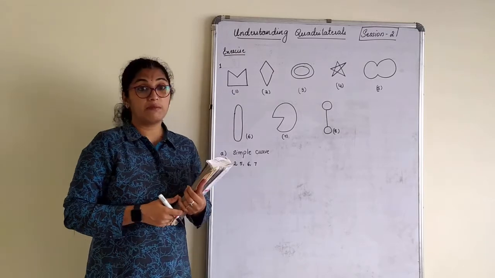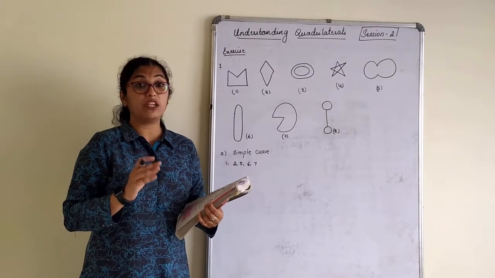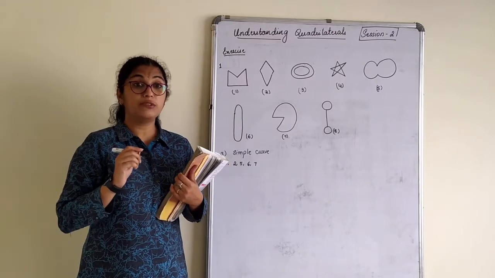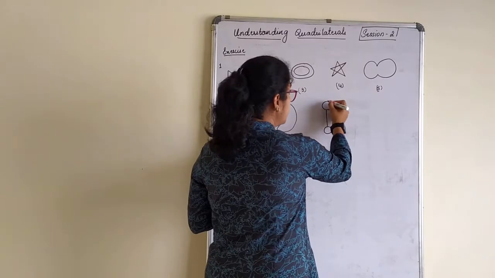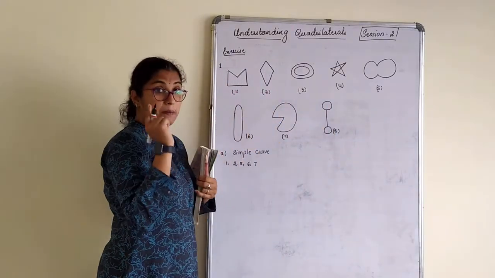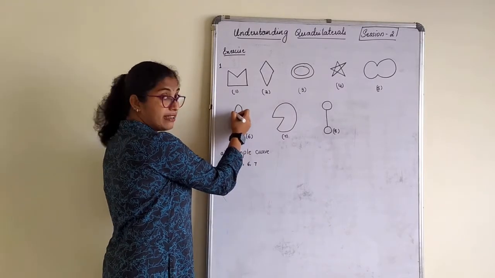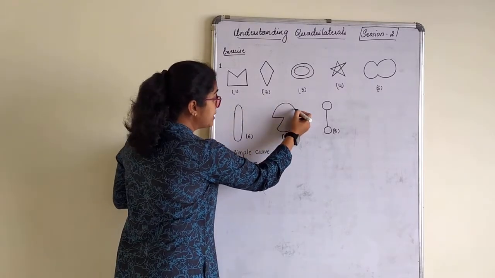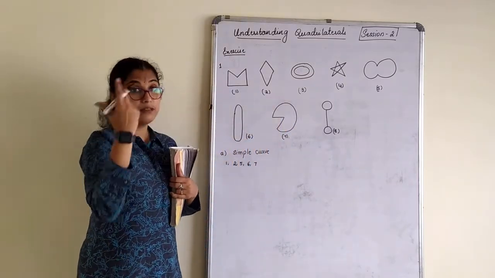Because if you see the points where you are joining, at a point you need to lift. For example, assume that you start your circle. You start from a particular point, and even if I start from here, I can end here without lifting the pencil from the paper.